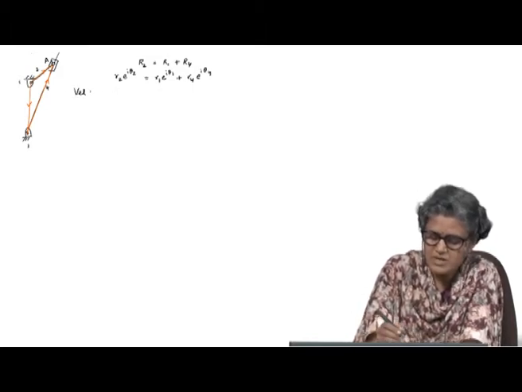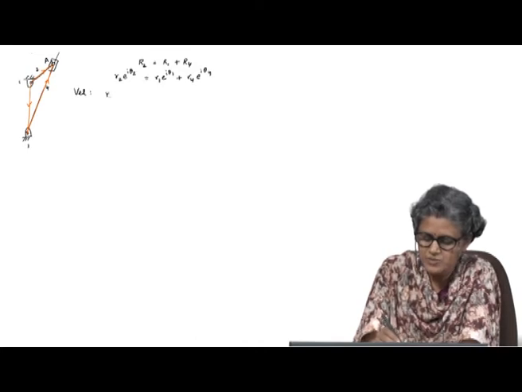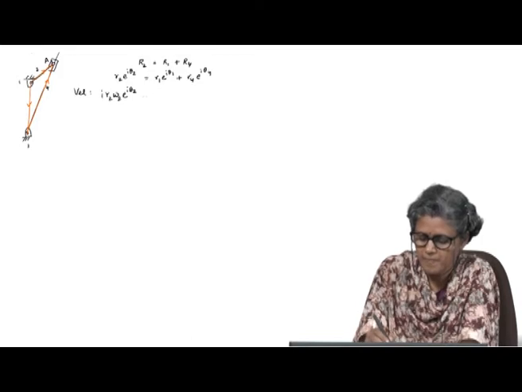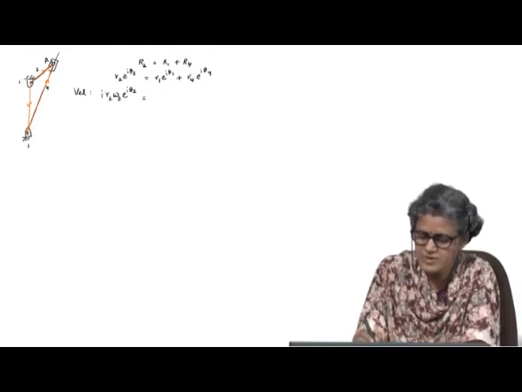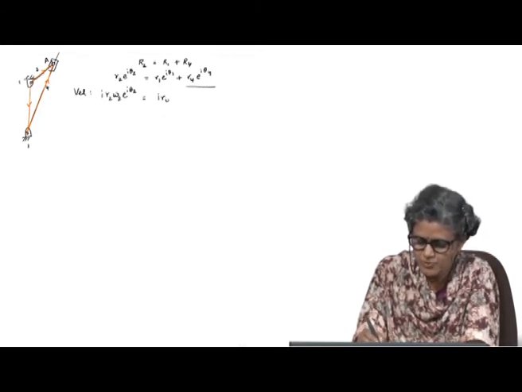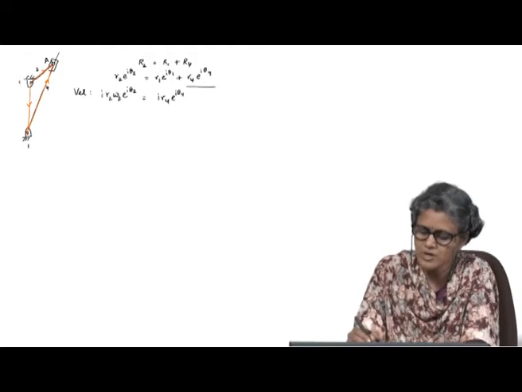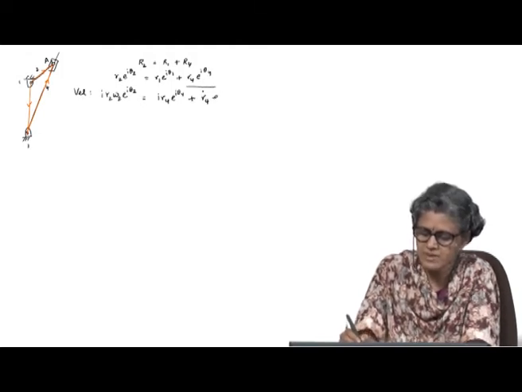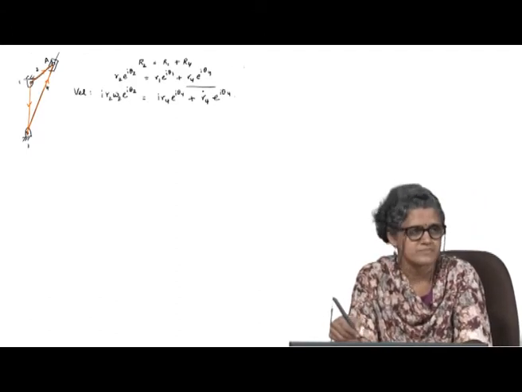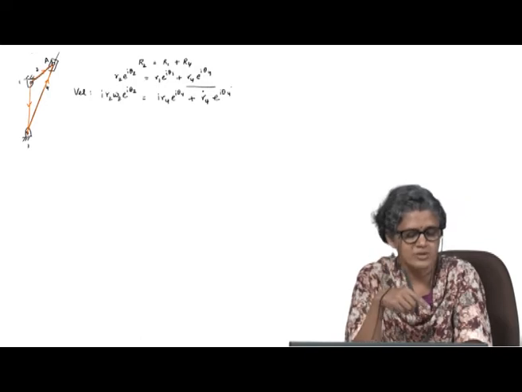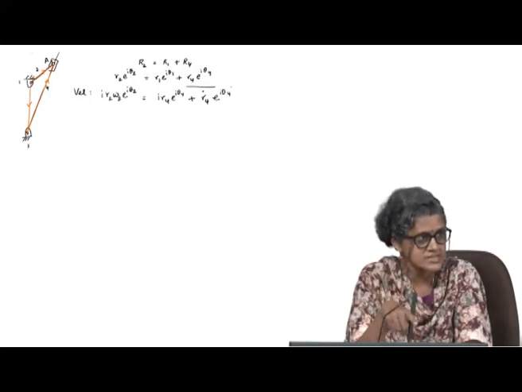In the velocity equation, when I look at that, I have i R2 omega 2 e power i theta 2. R1 is constant, and for this I had i R4 omega 4 e power i theta 4 plus R4 dot e power i theta 4 when I differentiate this term, because R4 is no longer constant in this case.